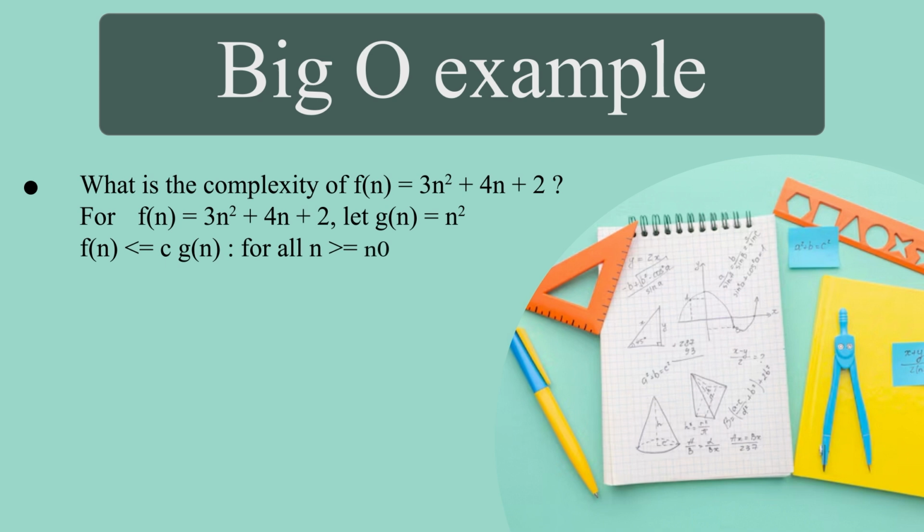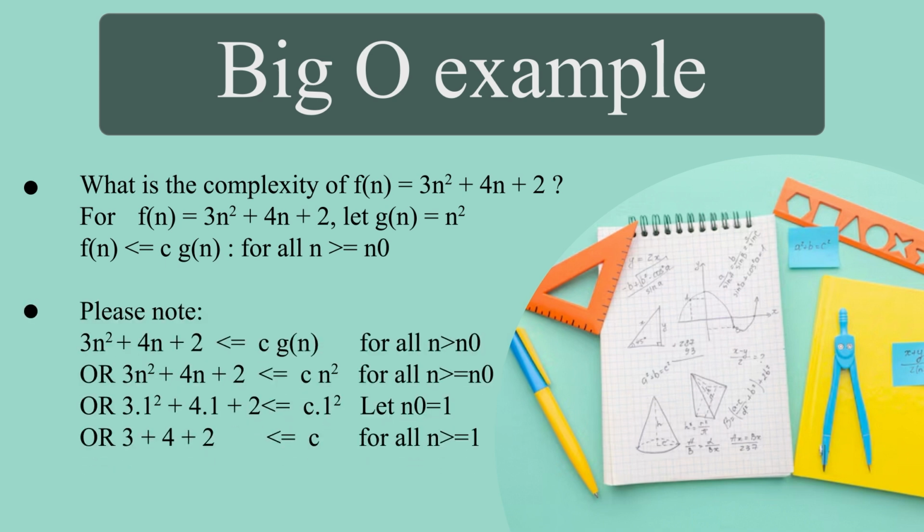And what I want to determine is f(n) is less than or equal to c g(n) for all n greater than or equal to n0. So that is what we have written in the next step, that is, 3n square plus 4n plus 2 has to be less than or equal to c g(n) for all n greater than or equal to n0.